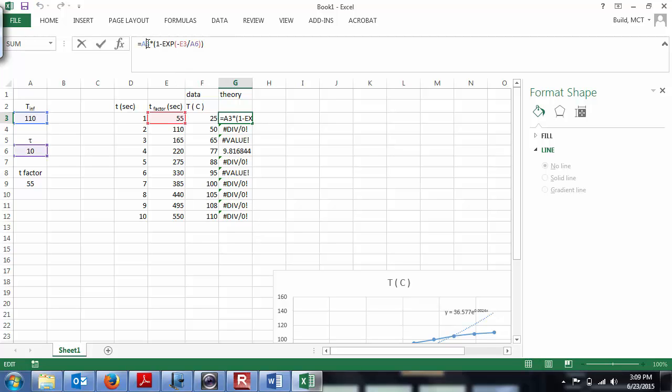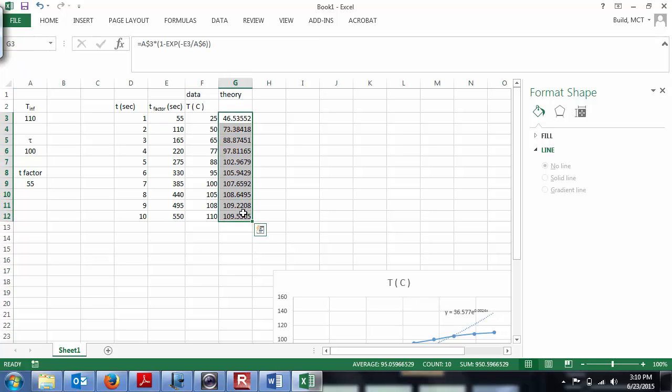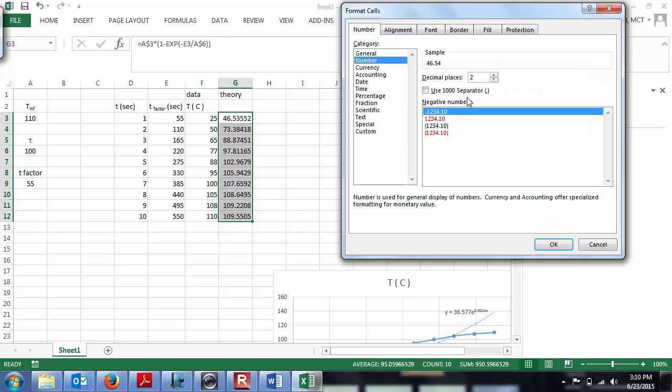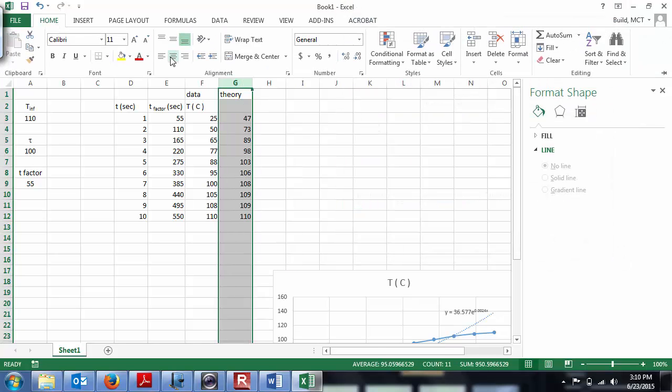A$3, A$6. Boom. That went better than expected.